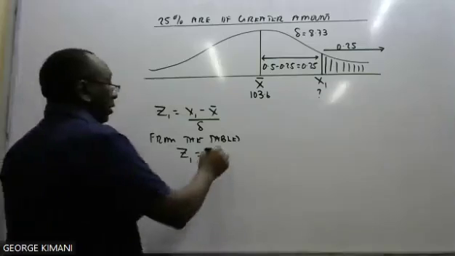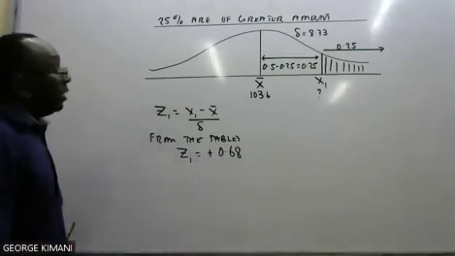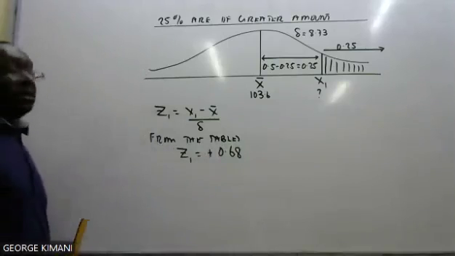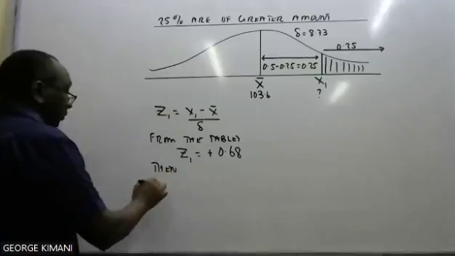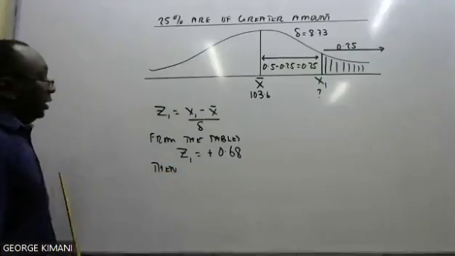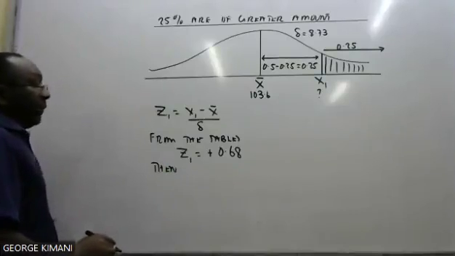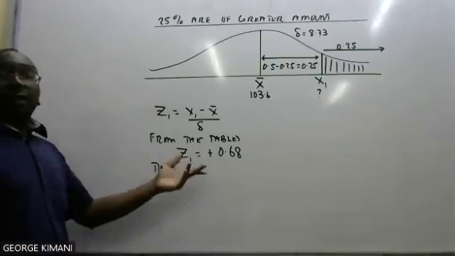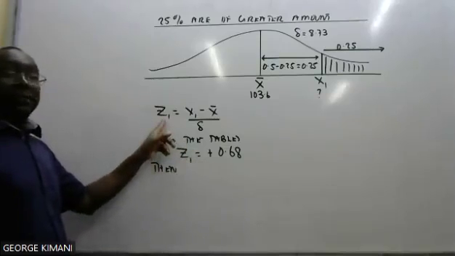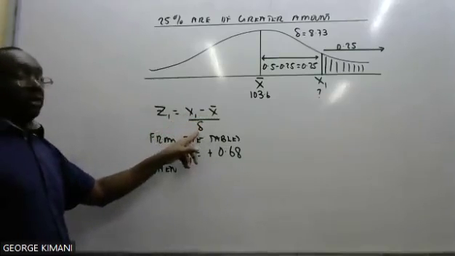0.68. Okay, good. 0.68. So if it is 0.68, then turning this around, you can first of all substitute. What do we know here? We know X bar and the standard deviation.